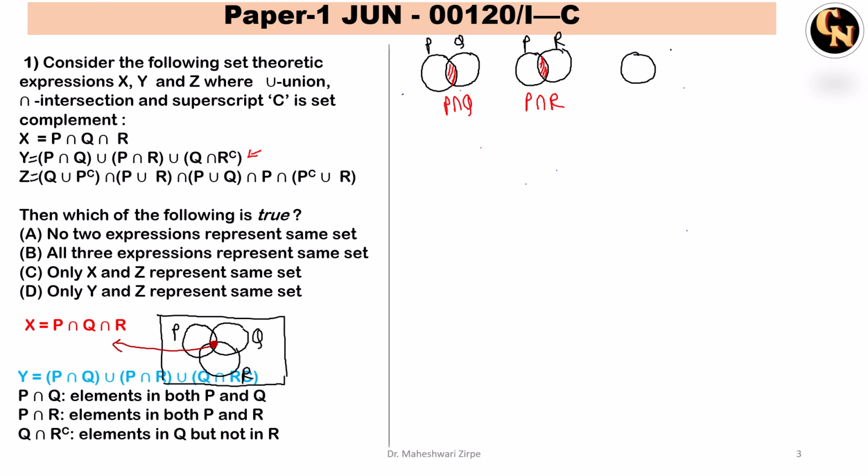Q and R, for example, this is Q and this is R. Now what are they saying? It is Q intersection complementary of R. Complementary of R will be what? The circle R, we are not going to consider; the remaining part of R. So the remaining part indicates the whole Q set, that is this. Got it? The whole Q set, that is this.